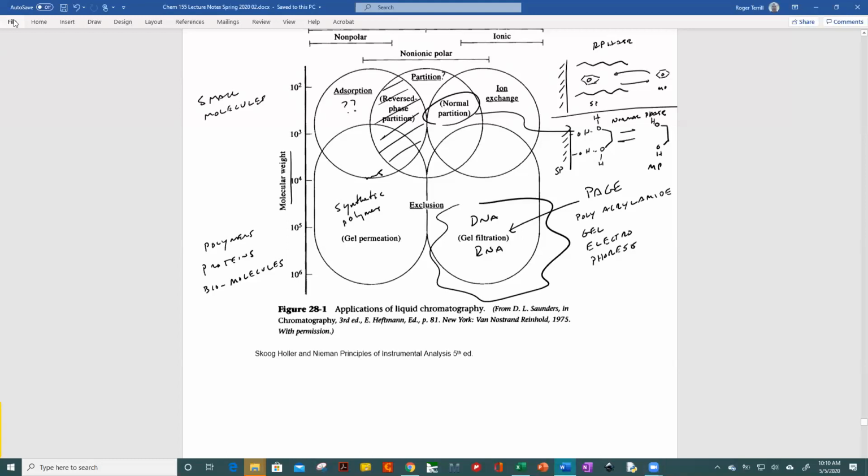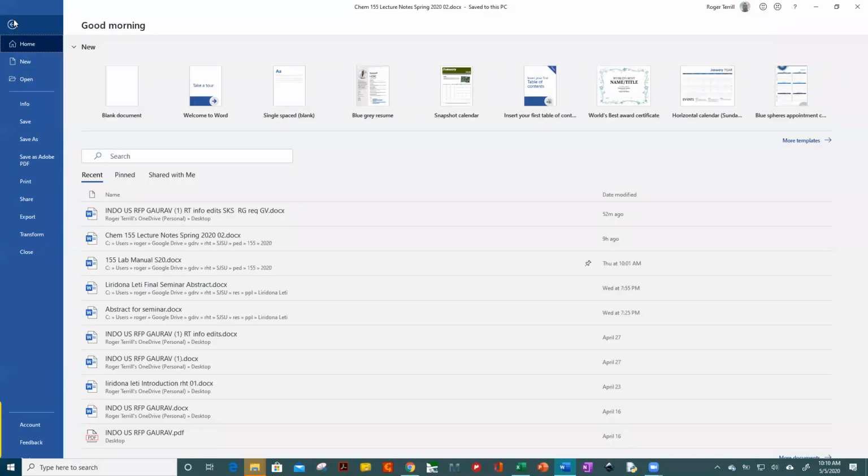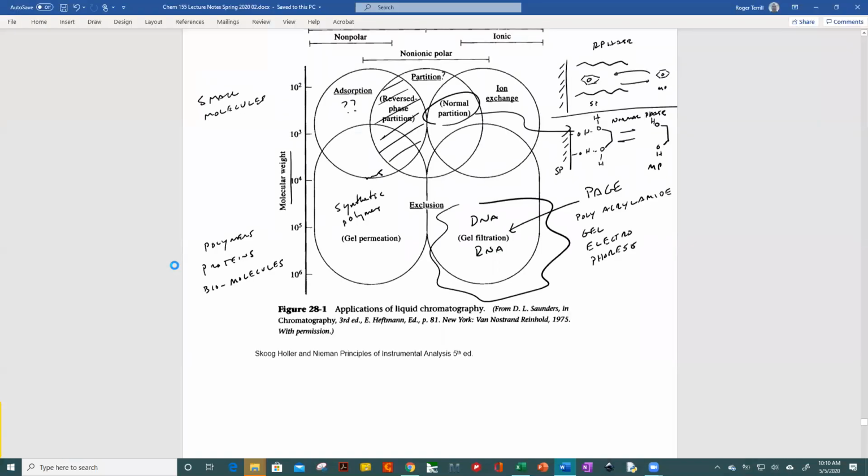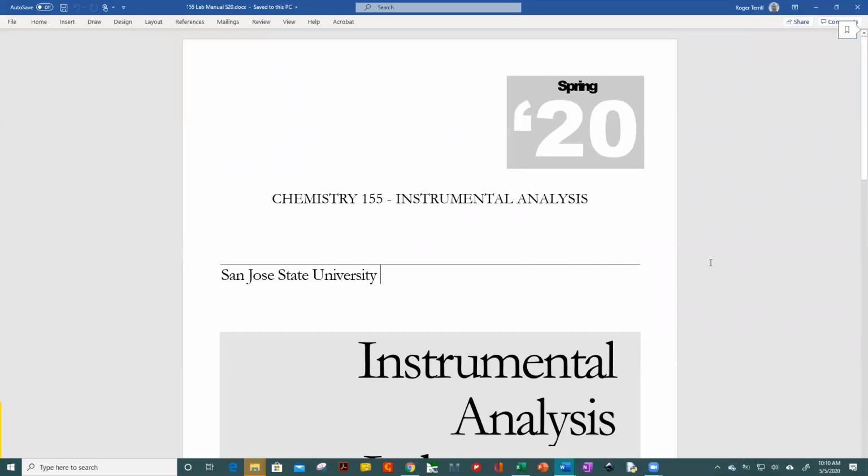Let me get a share going here, and I'm going to open the lab manual. Basically, you just take the joules per particle, which should be in the 10 to the minus 23rd range or something, and then multiply by Avogadro's number. That'll give you joules per mole. Does that make sense?